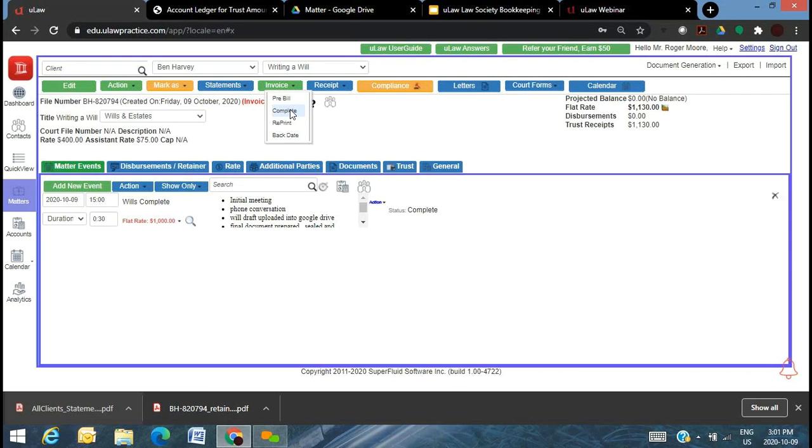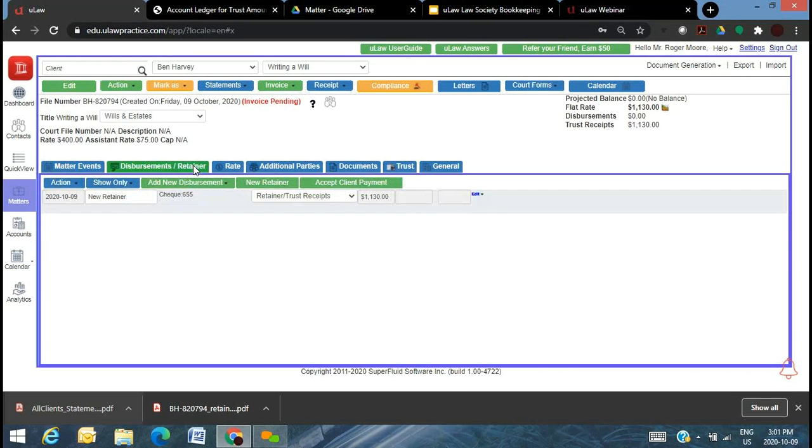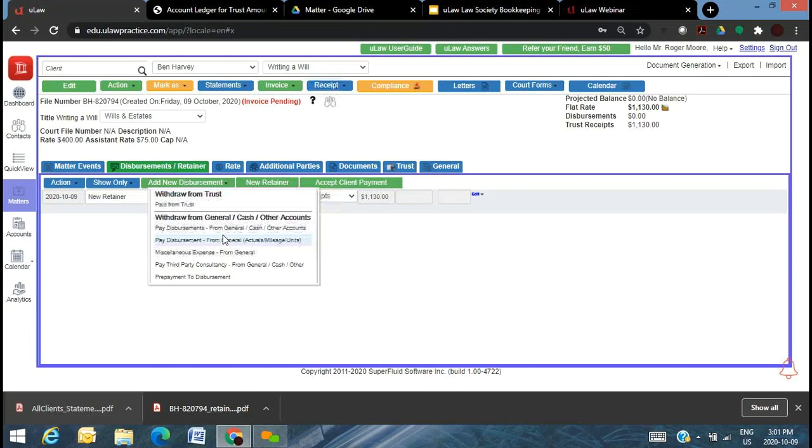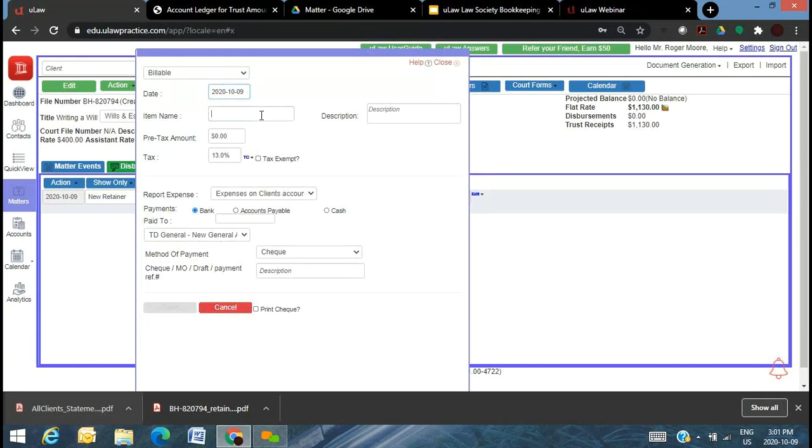Now, of course, you need to relay this in an invoice. Just so I can combine both trust and general, let me also say that there is a disbursement. Not that there will be in this case, but I'm just making it up.